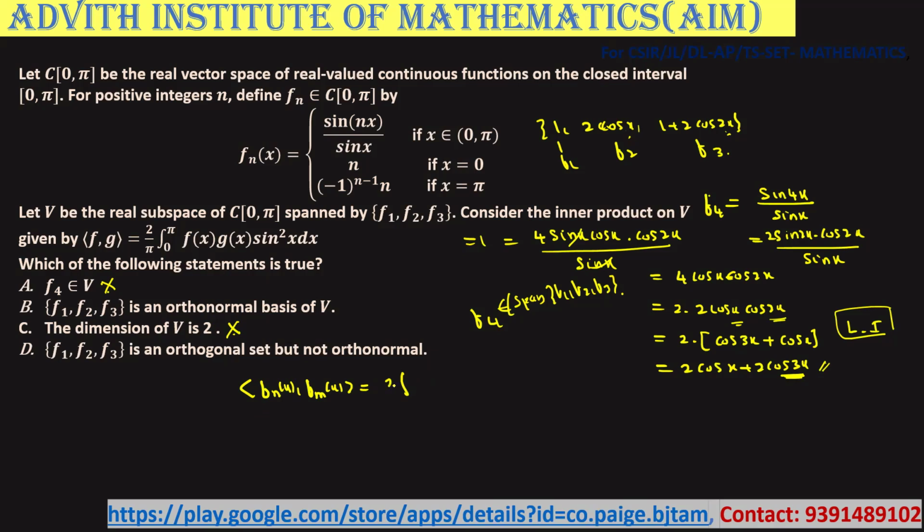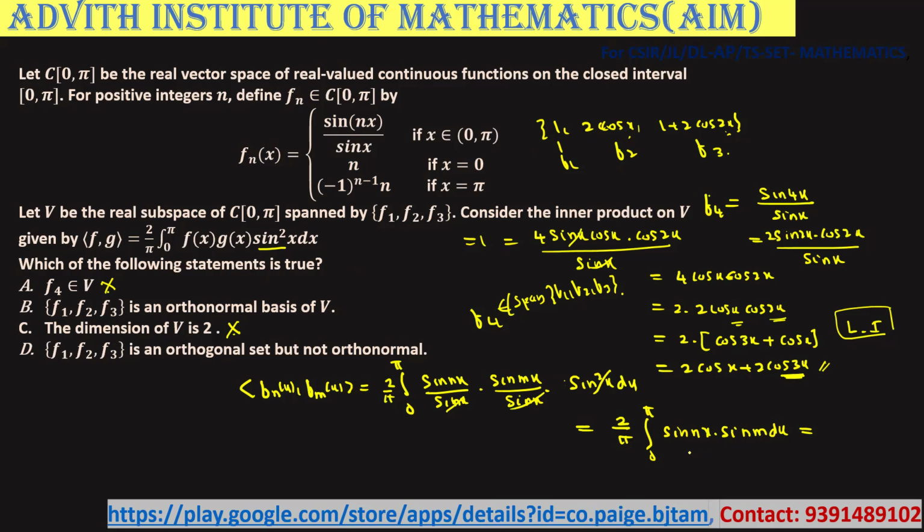So which is equal to 2 by pi, integration of 0 to pi. Fn అంటే sin nx by sin x and Fm అంటే sin mx by sin x, into ఏ విధంగా డిఫైన్ చేసాం, into sin square x dx. ఈ sin square getting cancels, then you will get 2 by pi into integration of 0 to pi sin nx into sin mx dx అని. ఇది మనకు వెల్ నోన్ ఫార్ములా ఉంది.